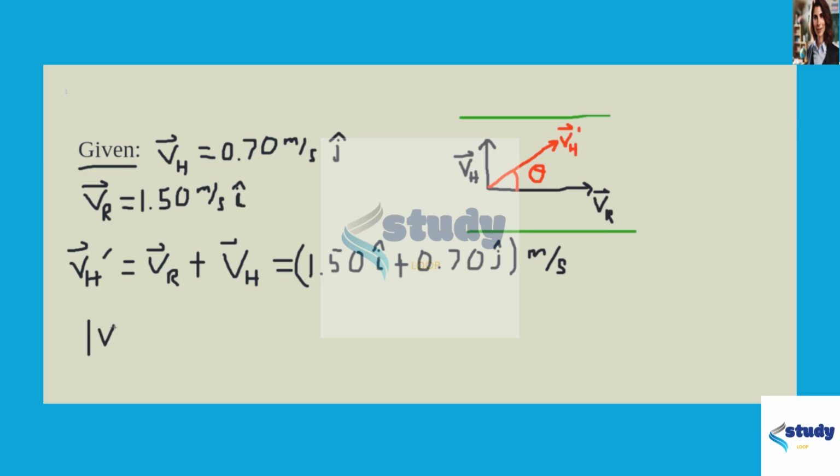So the magnitude of v h prime, which you can write with these bars around it that represents magnitude, is equal to the square root of the sum of the squares of both sides that make it up. So this would be v r squared plus v h squared. Okay, we can erase the square root here since we don't need all that.